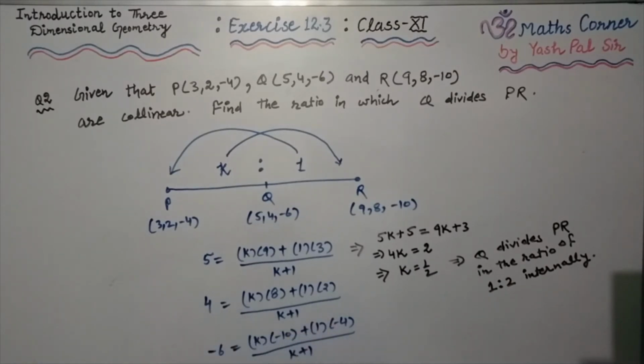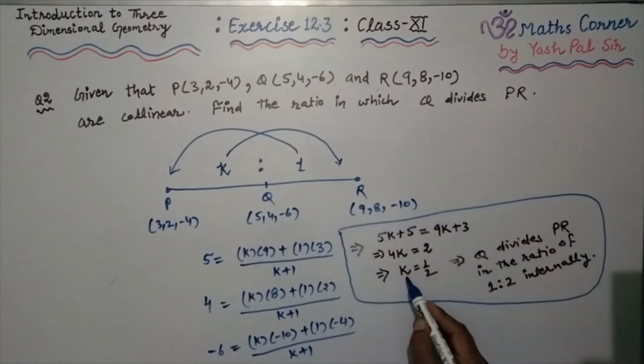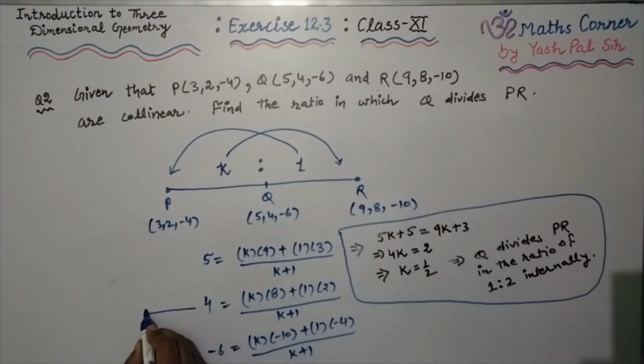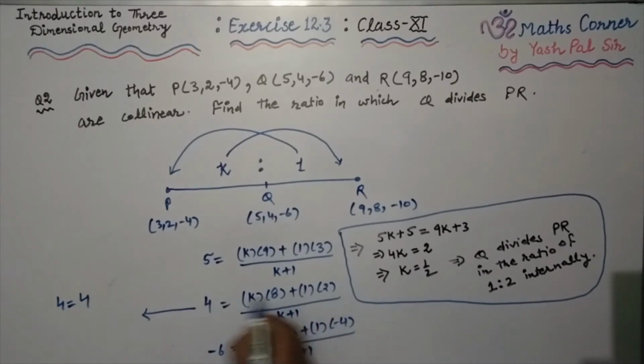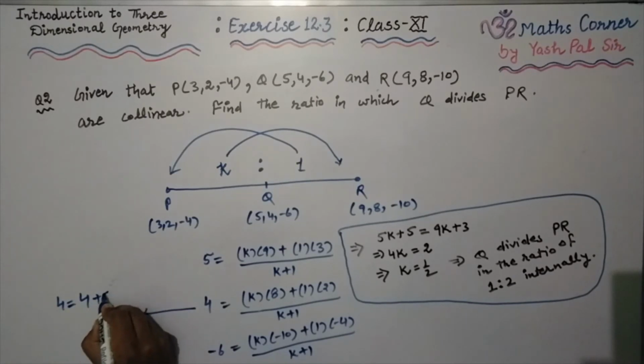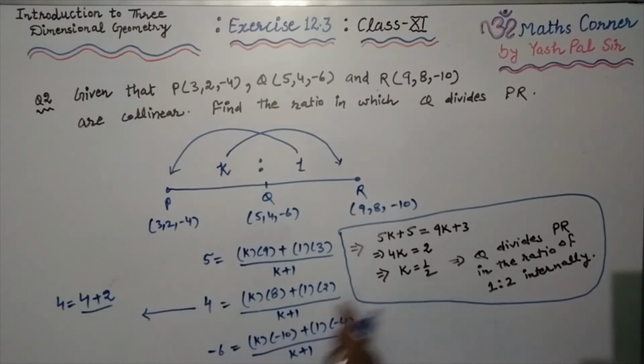Now, forward this step and this step to verify, to check whether this is true or not. We put the value of K equal to 1 upon 2 here, and we check whether this is well established or not. Let us try to check now. 4 is equal to, K is 1 upon 2, so 8 upon 2 becomes 4, plus 1 into 2 is 2, divide K plus 1, 1 upon 2 plus 1 is 3 upon 2.